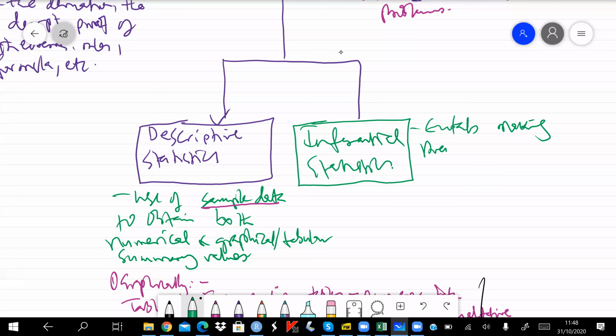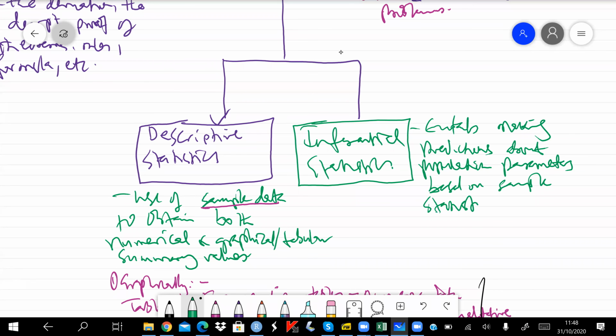So when we talk about inferential statistics, this entails making predictions about population parameters based on sample information or based on sample statistics. So it's like inferential statistics is dependent on the descriptive statistics.